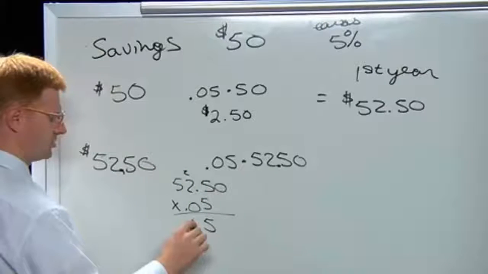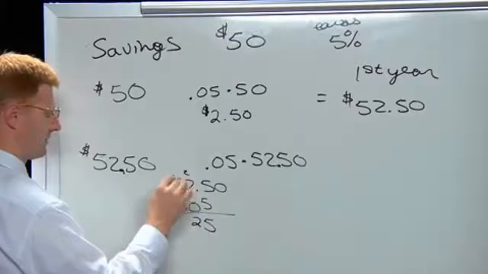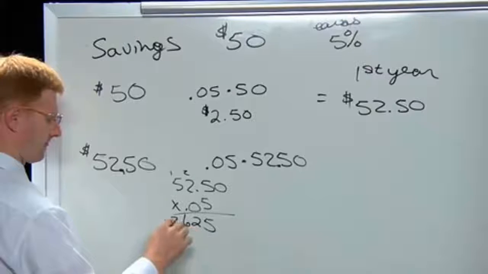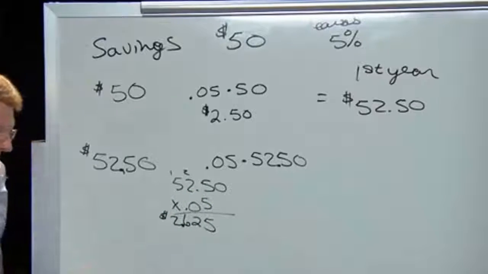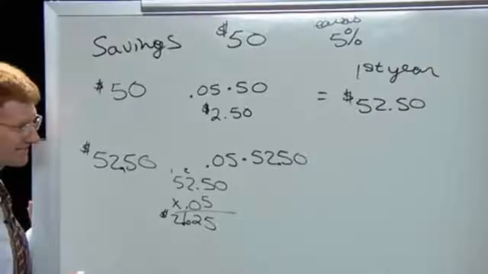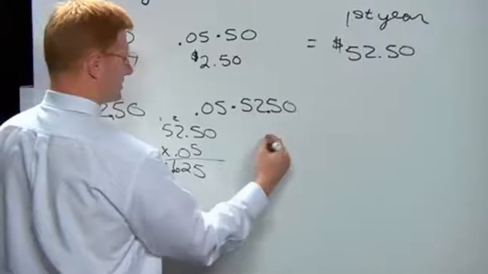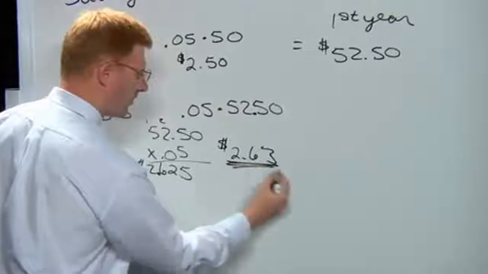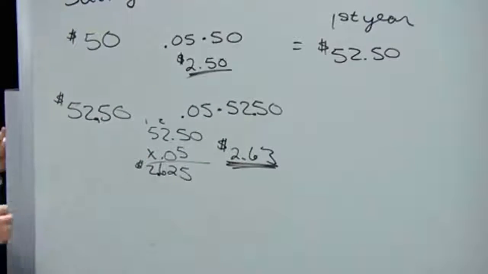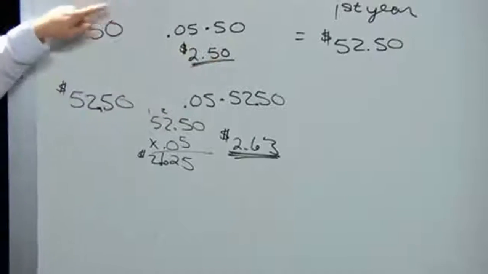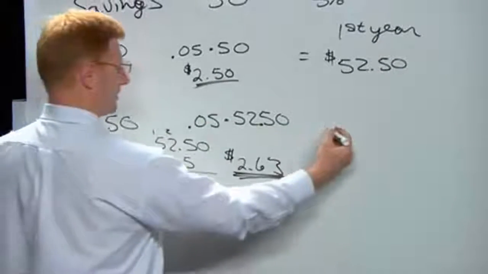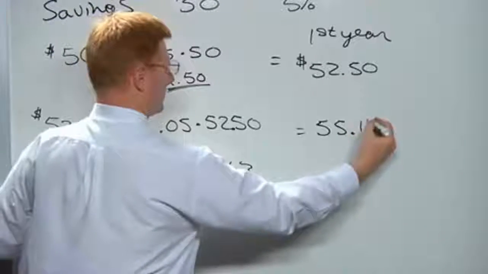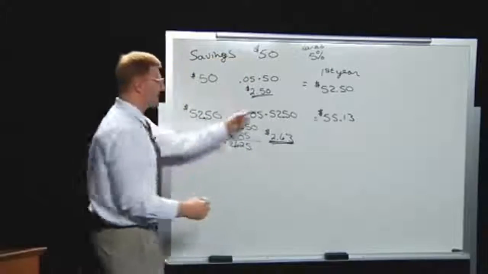It's 10 plus a 2 is 12. One, two, three, 4 decimal places. So about $2.63. Notice we just made more this year than we did last year. It's because we added that to the whole amount. So now we are going to have $55.13.